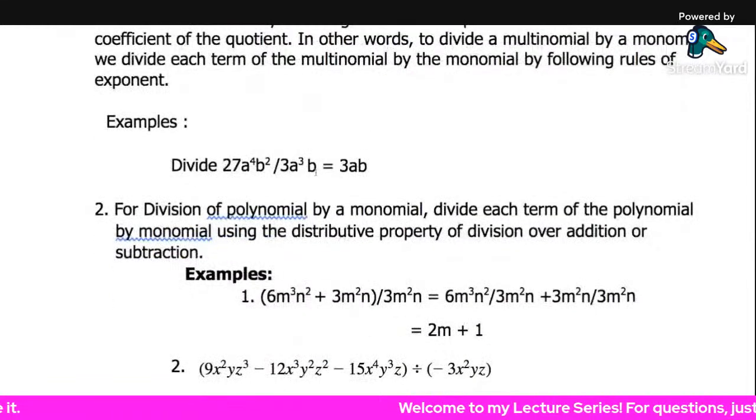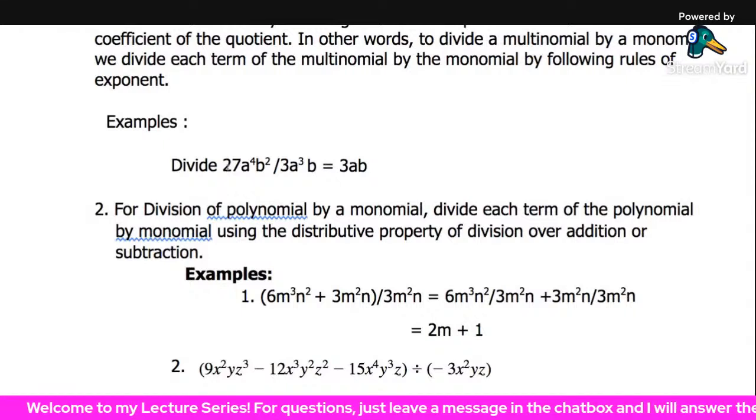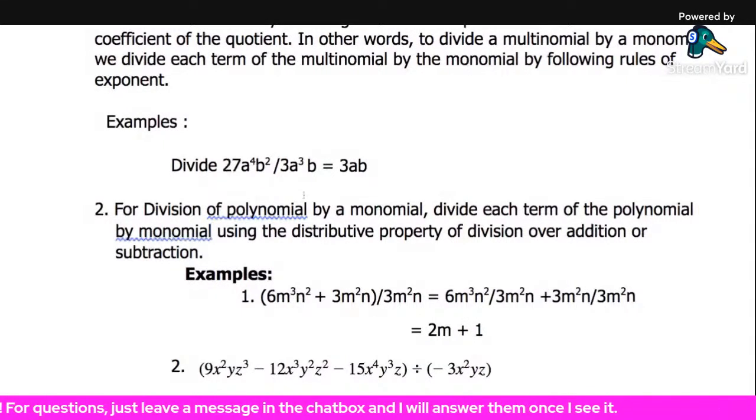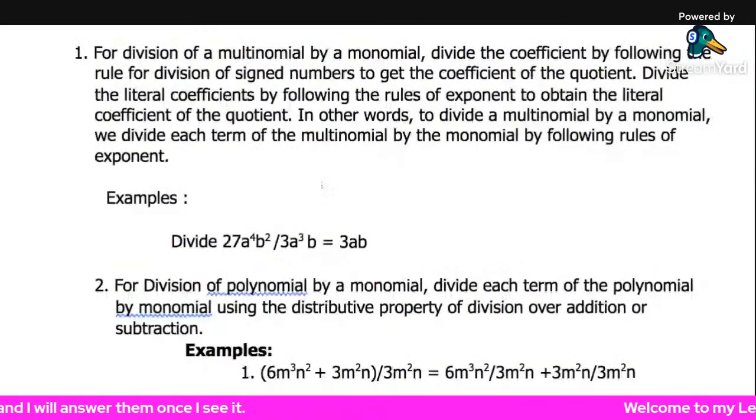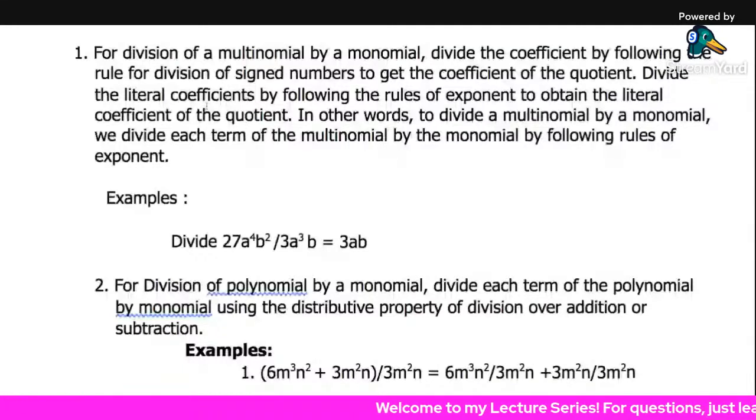For example, we're going to divide 27a^4b^2 over 3a^3b. So what you're going to do is just group them. Just divide the coefficients. Here, 27 and 3, 27 divided by 3 will give you 9.